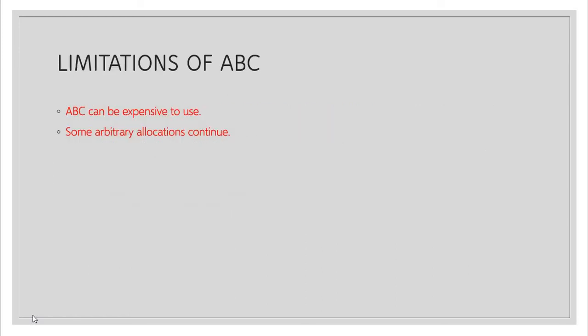So, but we also have two kinds of limitation in using the ABC. Uh, it can be expensive to use kasi it increases cost by identifying the multiple activities, syempre, 'di ba? And applying more numerous cost drivers, 'di ba? So, mahal nga. Then, pangalawa is the arbitrary allocation. So, even though more overhead expenses can be assigned directly to the product, using ABCs in a multiple activity, it can be allocated by means of volume-based control naman.